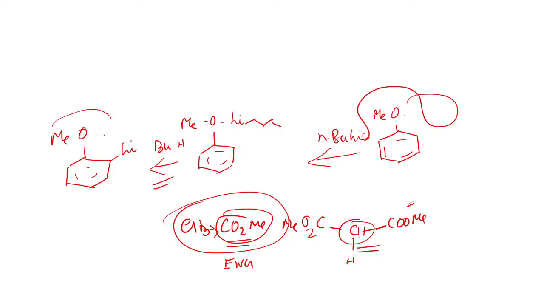So whenever you have a chelating group like oxygen or nitrogen, let us take this example.